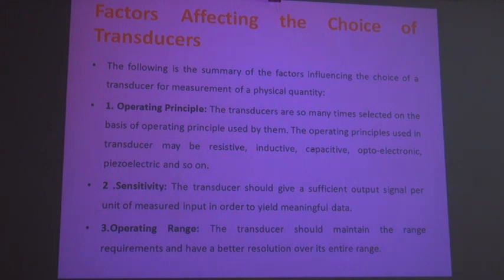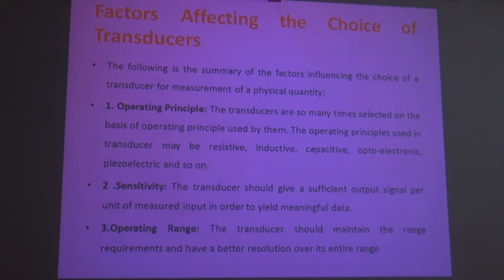So the following factors are summarized, and we can take them one by one. First one is operating principle. While selecting the transducer, the principle is generally considered: what type of transducer operating principle will be selected?